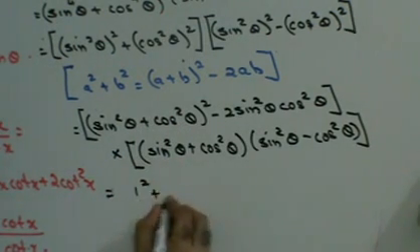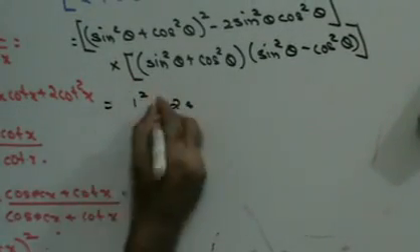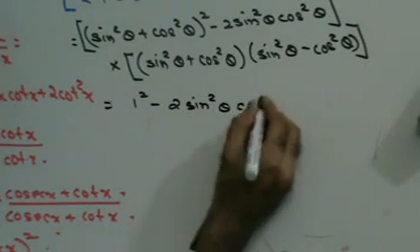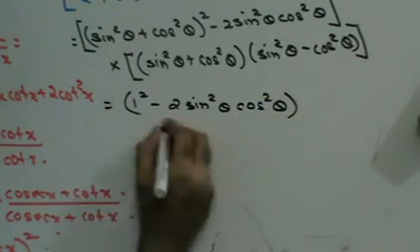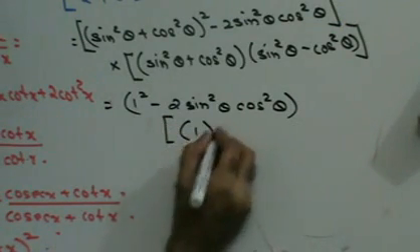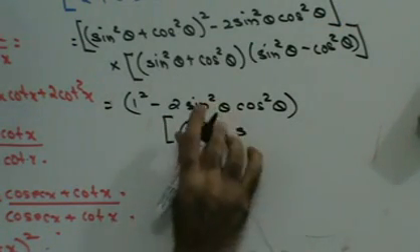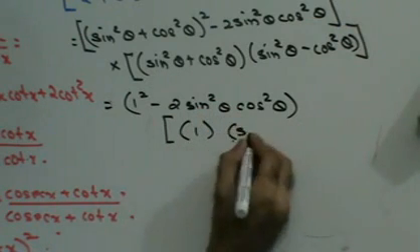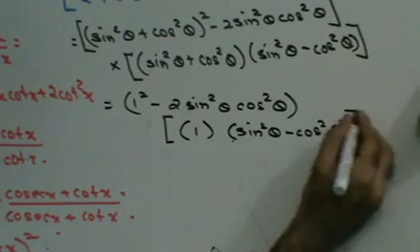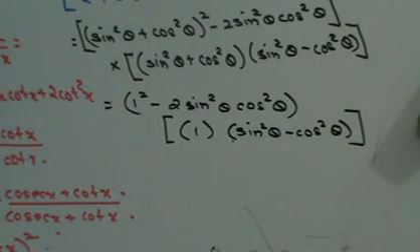So this is 1 square minus 2 sin square theta cos square theta. That will be my first bracket, into second bracket, sin square theta plus cos square theta is 1, into sin square theta minus cos square theta. Now go on substituting whatever you don't want.